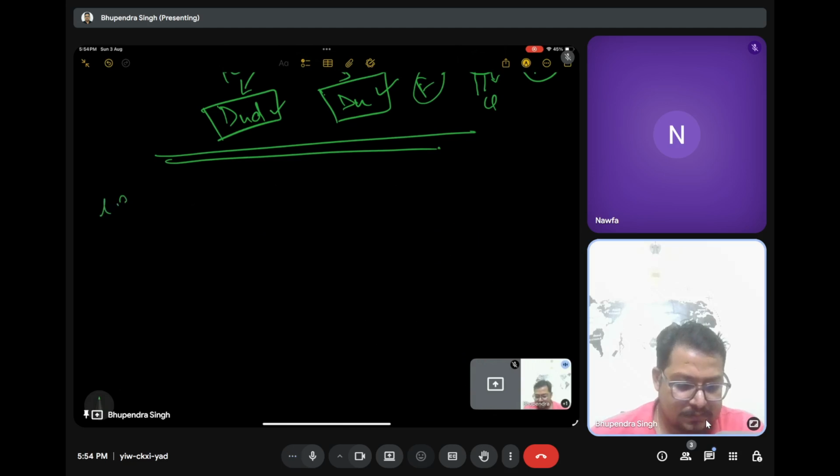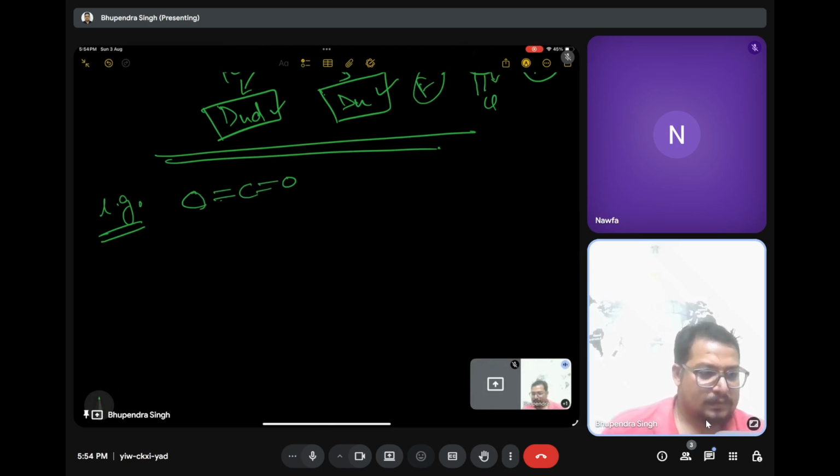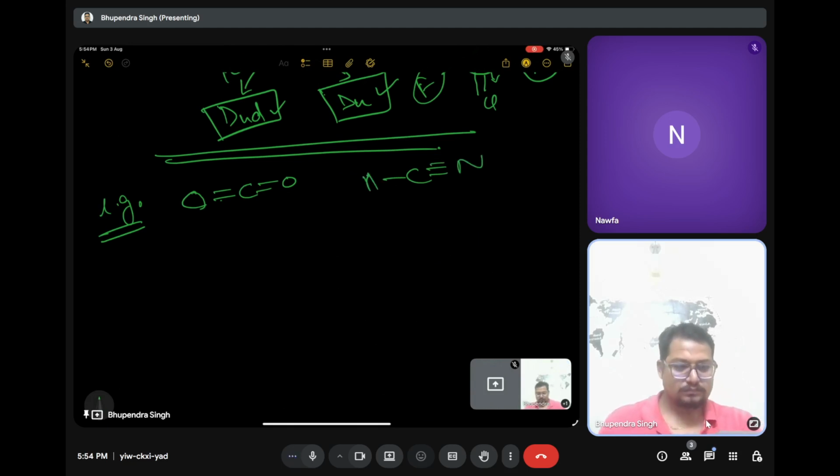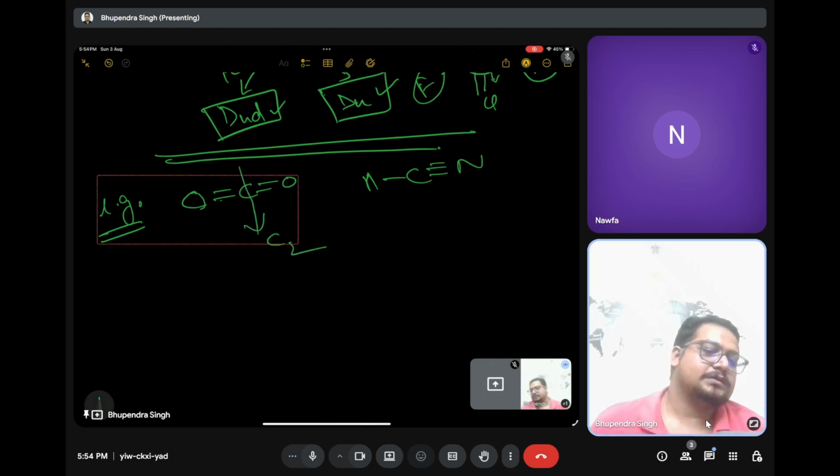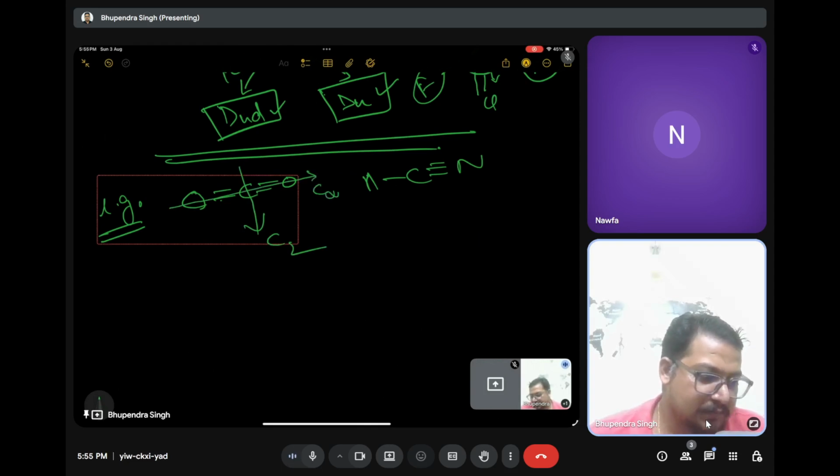So let's take one example of CO2 and the C triple bond H. In this one C2 is there and a lot of C2s like C infinite are there.